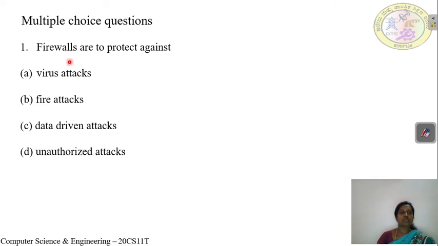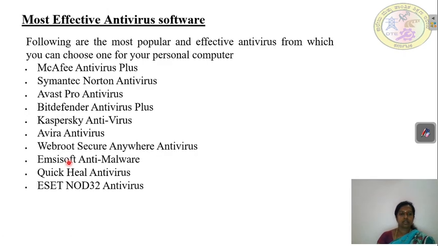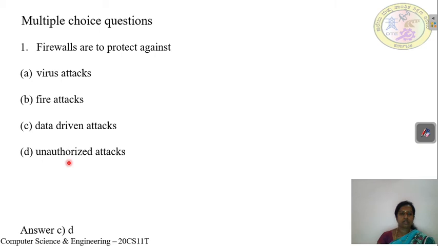Next we move on to the multiple choice questions. First question. Firewalls are to protect against: the options are virus attacks, fire attacks, data driven attacks, and the last one unauthorized attacks. Answer is D, that is unauthorized attacks.